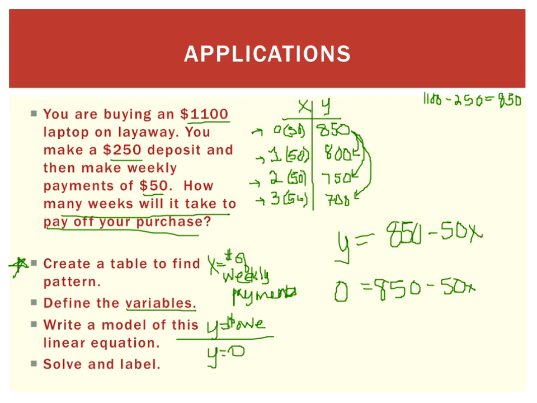And to solve this then, I would add 50x to both sides and set that equal to 850. Then I would divide by 50 to find out that x is going to equal 17 payments, or 17 weekly payments.